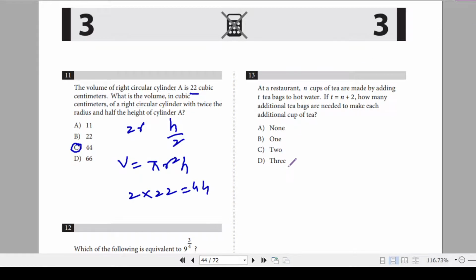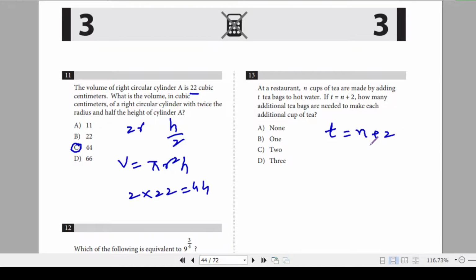Question number 30. At a restaurant, n cups of tea are made by adding tea bags to hot water. If T is equal to n plus 2, how many additional tea bags are needed to make each additional cup of tea? So that tea can be made by doing this, n plus 2.